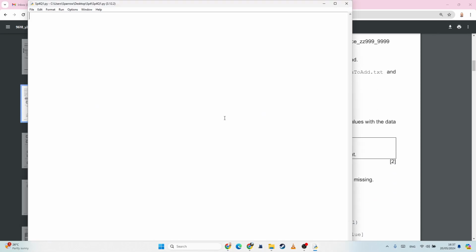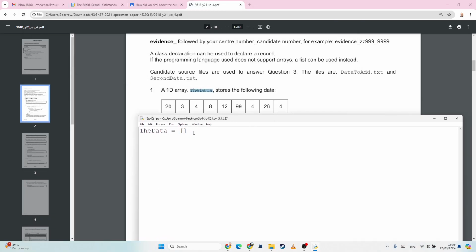So we need to work our way around that. Anyway, let's start by making the data. And the data, it says, is 20, 3, 4, 8, 12, 99, 4, 26, 4. So this is the data.